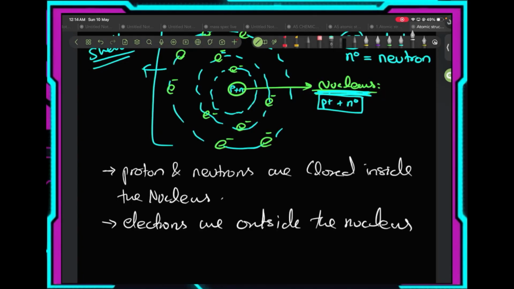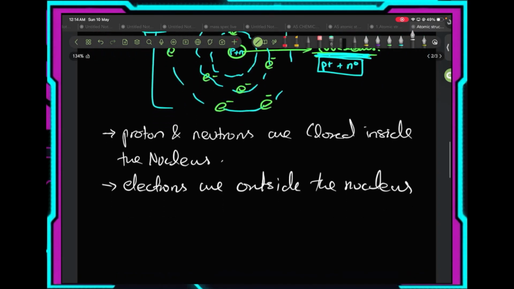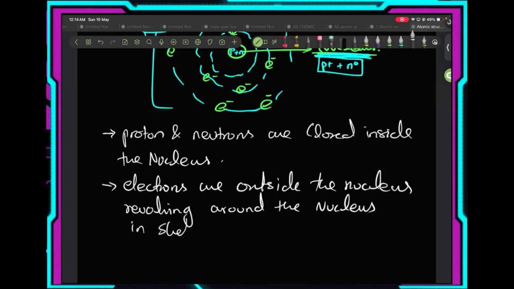These are all the things that you have learned in O-levels about the atomic structure. Outside the nucleus, revolving around the nucleus in shells. We also call them orbits. We also call them energy levels.